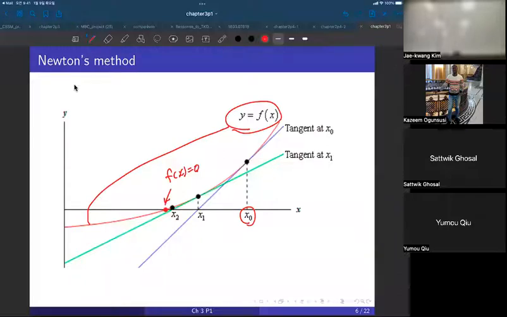You can see that it goes quite fast; if you look at the steps, they are very fast. So that is actually quite a powerful tool. Basically, the tangent is the best linearization, right? If you want to linearize it, the tangent is the best.